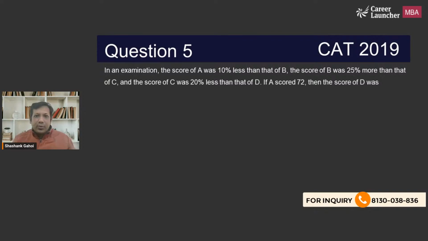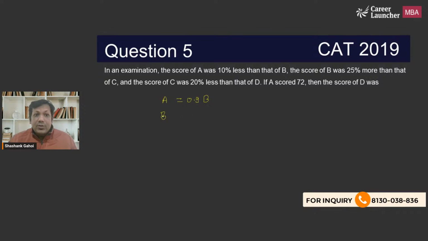What does it say? Okay. So in an examination, the score of A was 10% less than that of B. So if B is scoring 100% of B, then A is scoring 90% of B, or I can say 0.9 of B. So the first statement I am writing, A is equal to 0.9 times B. So what is the value of B?